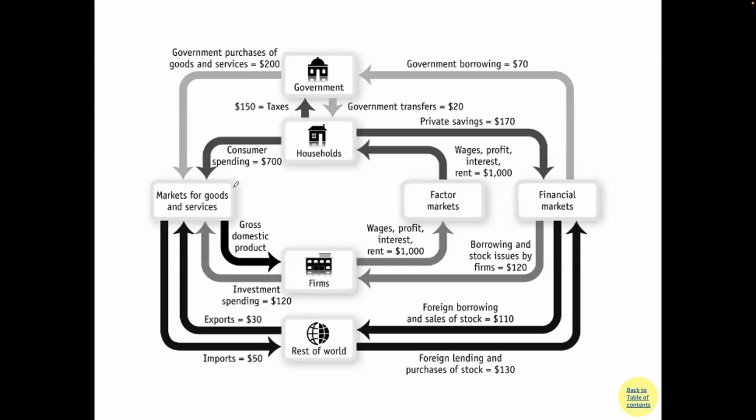Let's see what we have. Let's first look at the expenditure approach. To use the expenditure approach, we need to use this equation: Y equals C plus I plus G plus X minus M. This is what we just discussed, right?